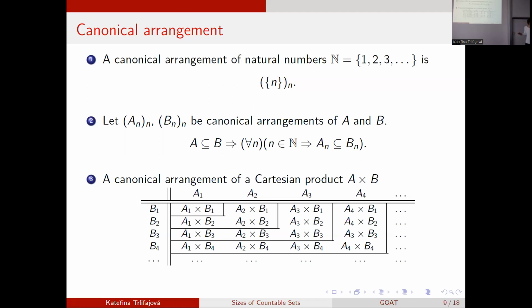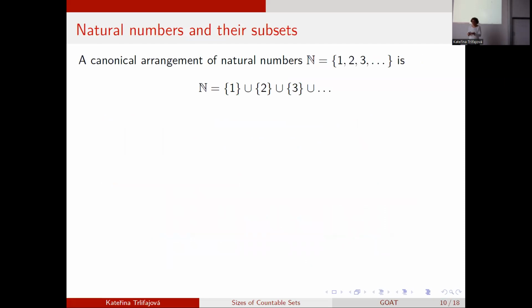It is important because it would also work for finite sets, and moreover, if they are disjoint and they cover the whole Cartesian product. The nth component would be described this way, by the maximum. Now you see, here is a canonical arrangement.